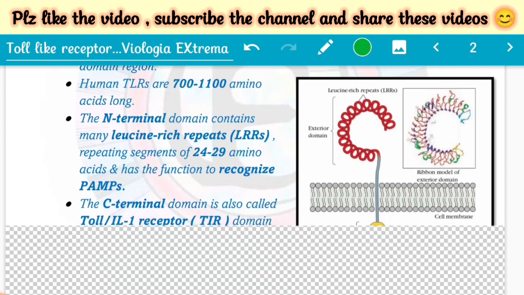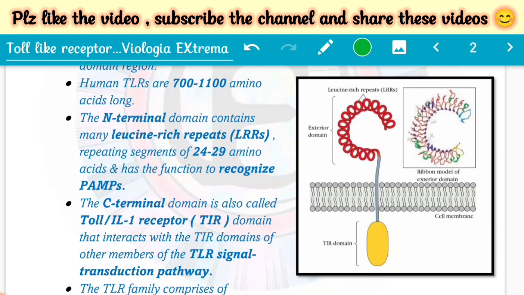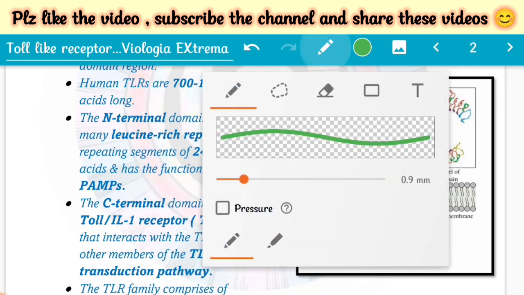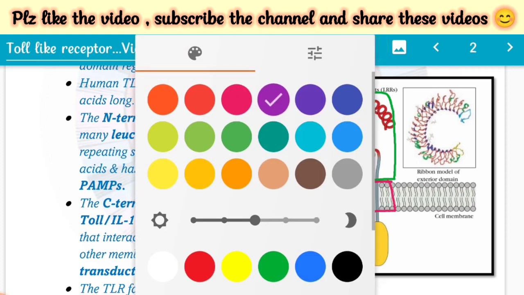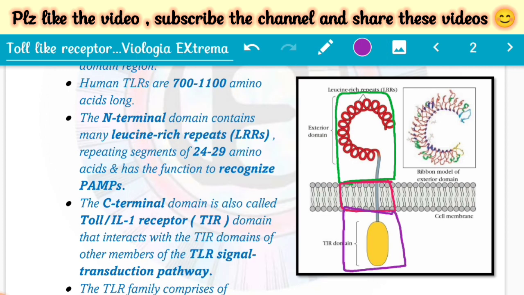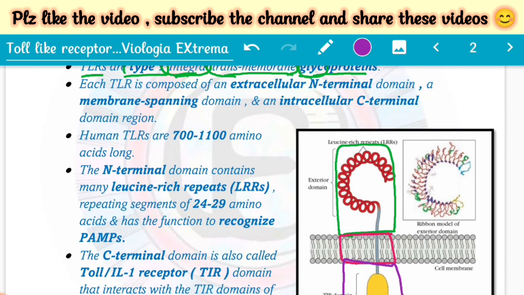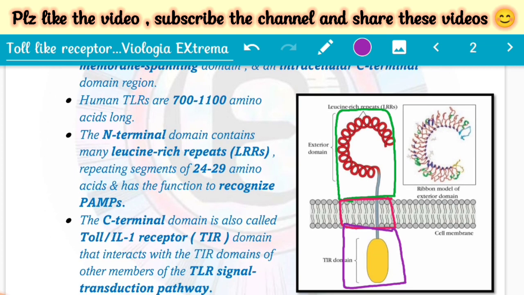Clear? So we know that in a transmembrane protein, we have an extracellular component, a membrane spanning region, and also a cytosolic region. We know that proteins are made of amino acids, and that's why a protein is going to have an N-terminal and a C-terminal.